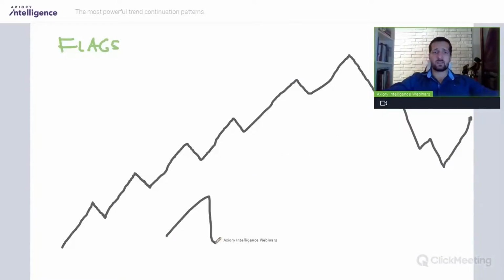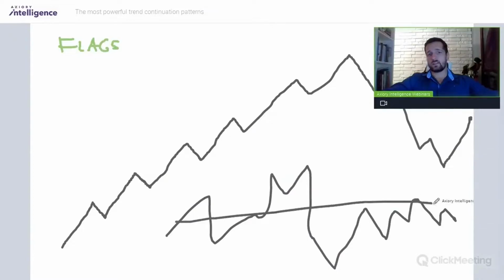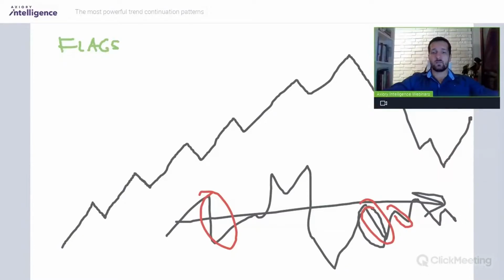Sometimes the price moves like this, which is a sideways trend, where it is hard to spot a correction, although you may find like this, for example, this is a correction, this is a correction, this is a correction, okay? But in general, price moves like this.